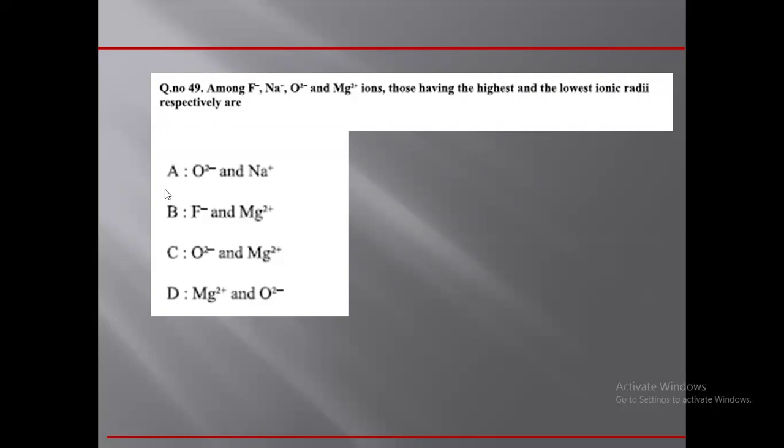The highest is O2 minus, and the lowest is Mg2 plus. Just look at options A, B, C, D. In C, O2 minus and Mg2 plus are there. So option number C is the correct one, having the highest and lowest ionic radii respectively.